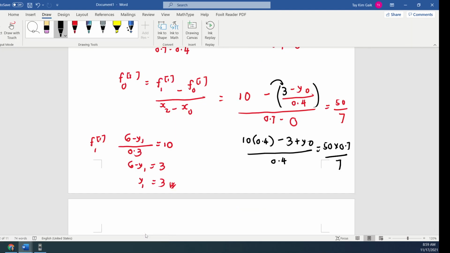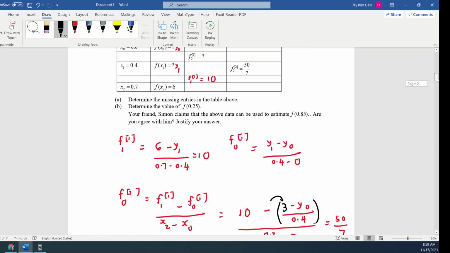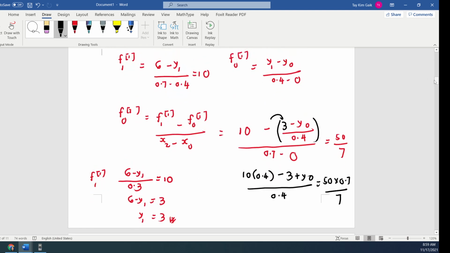So now, from f11 equal to 10, you can solve for y1, which is 6 minus y1 divided by 0.7 minus 0.4, and y1 equals 3.